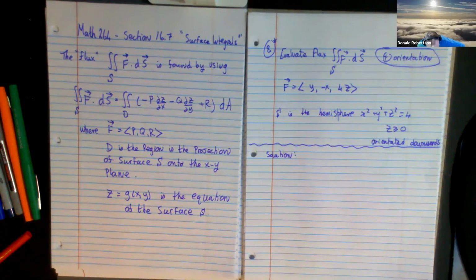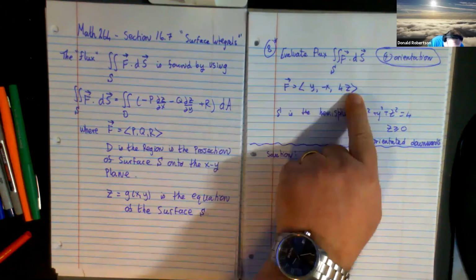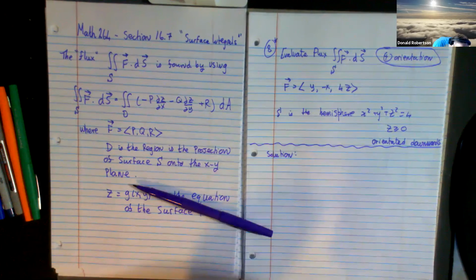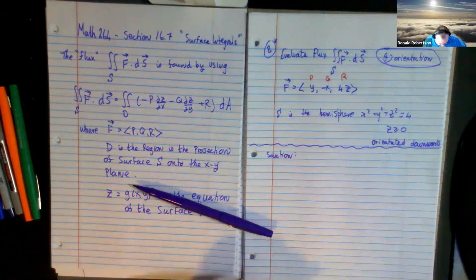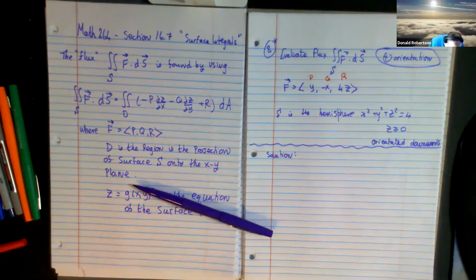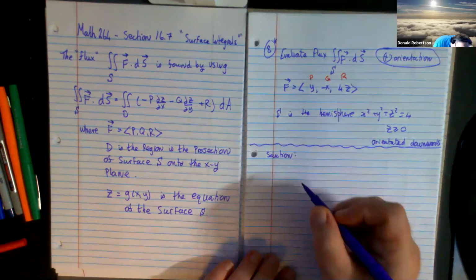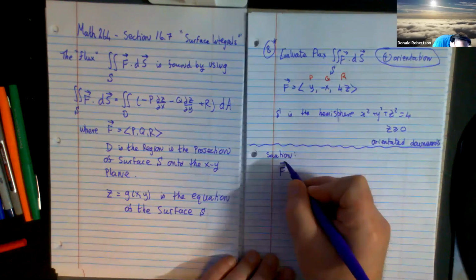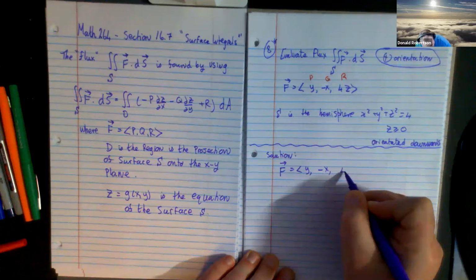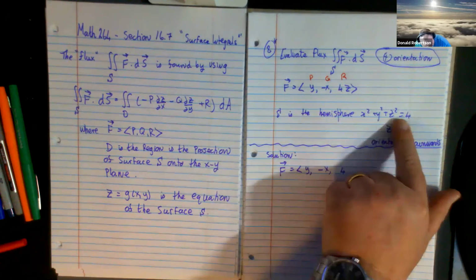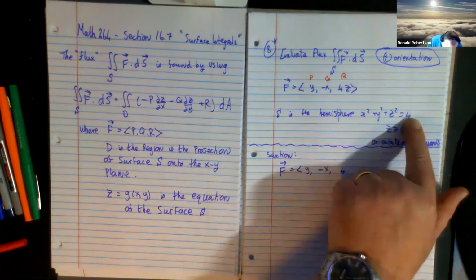Okay, we are looking here at a flux question. Here's our F. So that's going to be my P, my Q, and my R. I'm going to rewrite F as Y, negative X, and instead of 4Z, I'm going to rearrange it to find out what Z is.